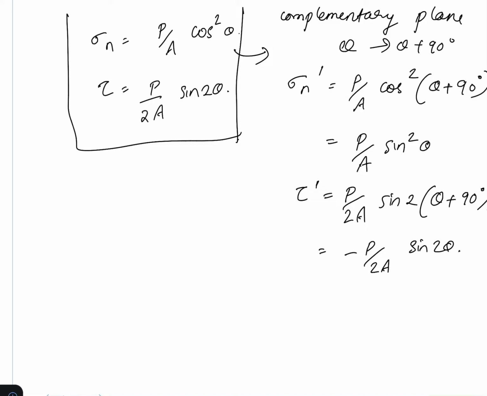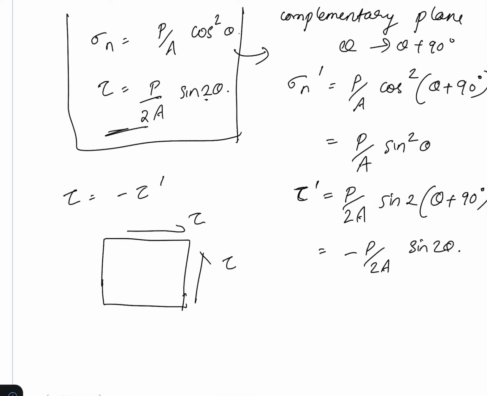So this tau value is p by 2a sine 2 theta, and tau dash is minus p by 2a sine 2 theta. So we have tau is equal to minus tau dash, meaning these are complementary stresses. If tau is acting like this, tau dash is perpendicular to this plane. So we will have tau xy equal to tau yx.